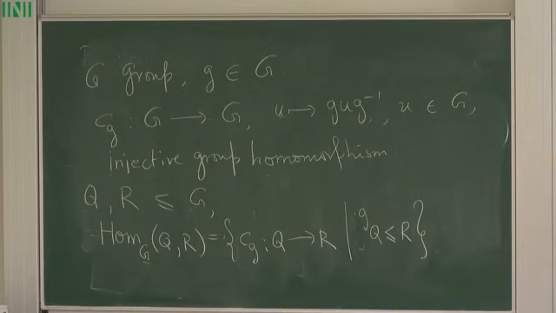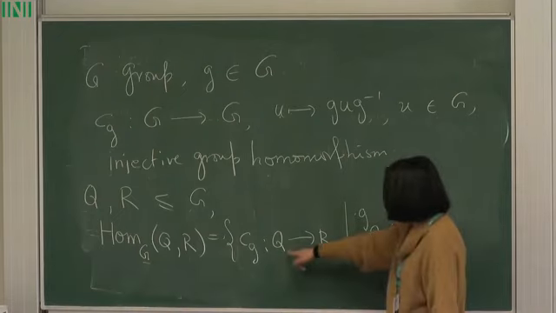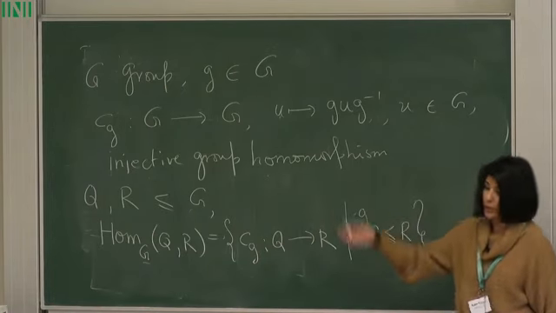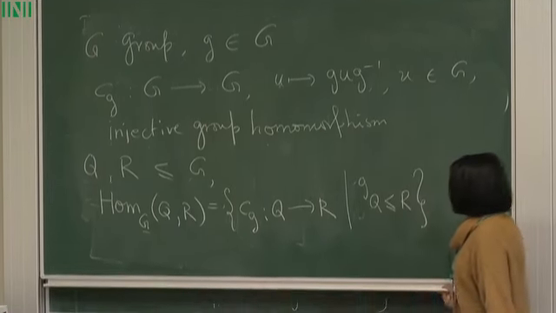So you're picking out all the group homomorphisms from Q to R which are induced by an element of the ambient group G.